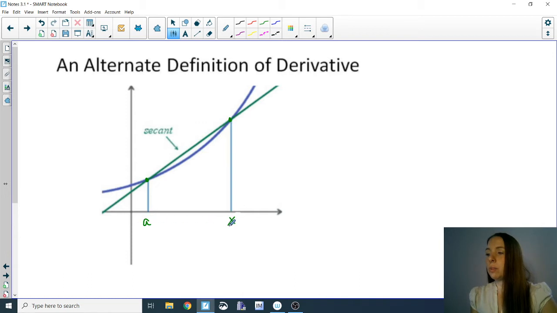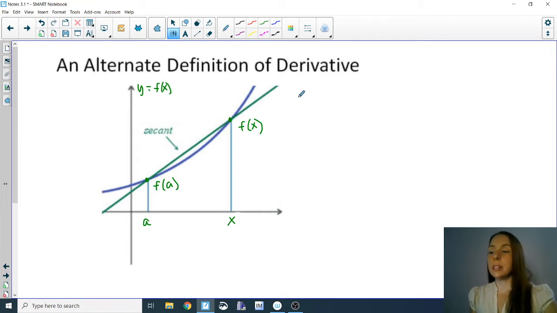We're not going to label the distance between them today. Last time we labeled that as h. We're just going to leave it again as a and x. That would make, if we call this y equals f of x, this y coordinate f of a and this y coordinate f of x.